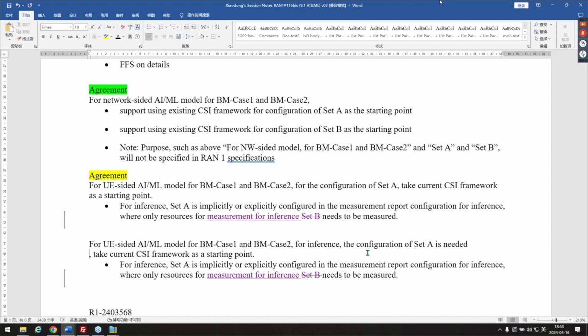It may or may not need it. Yes, at least for inference. That's why the sub-bullet is there. That does not mean implicit or explicit. For inference, you said that set A is configured, right? One solution is there is no need to configure anything for set A, but from the UE perspective, it can implicitly derive what set A means by some other purpose, which will be discussed later.